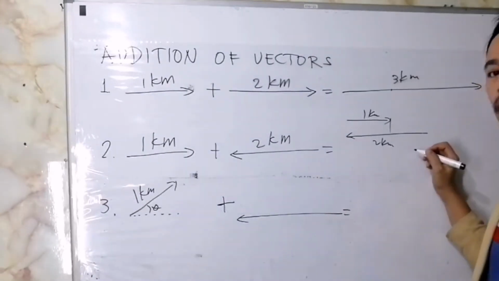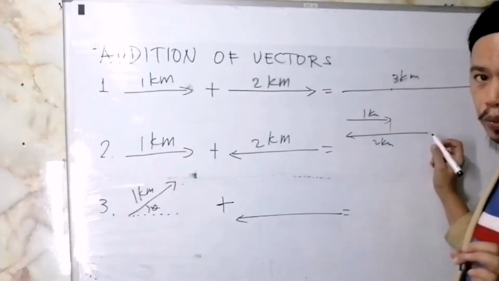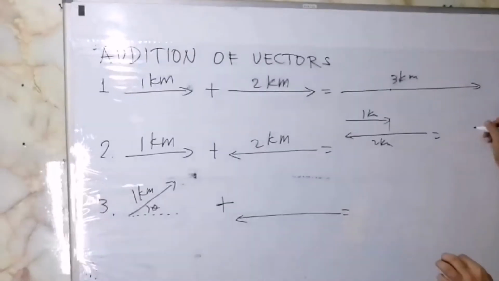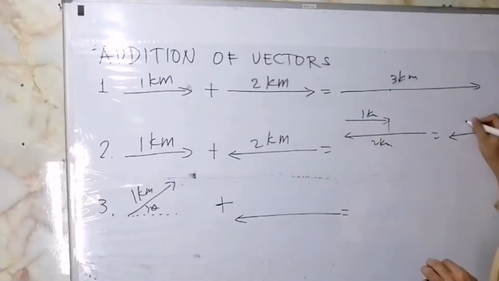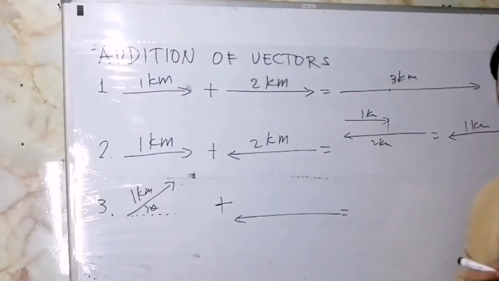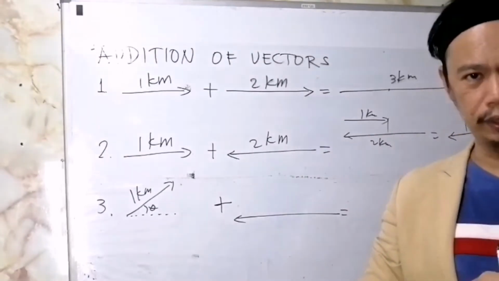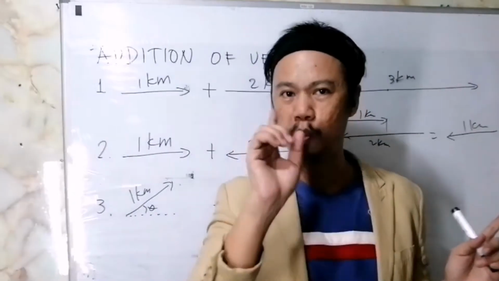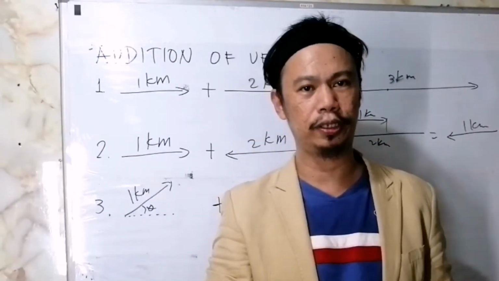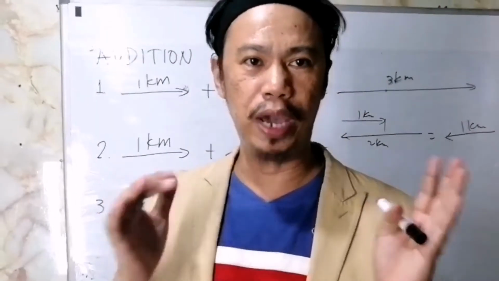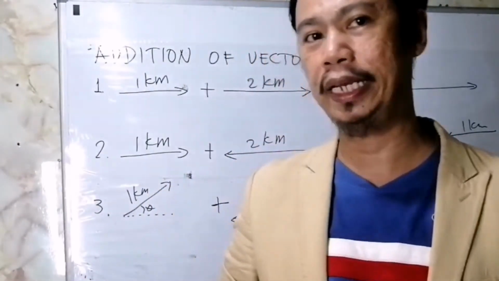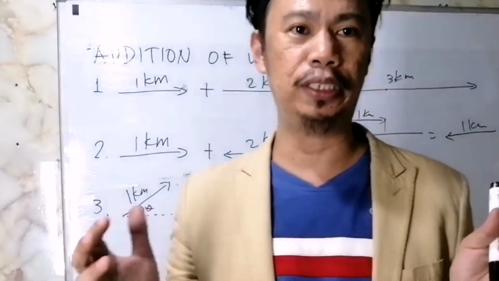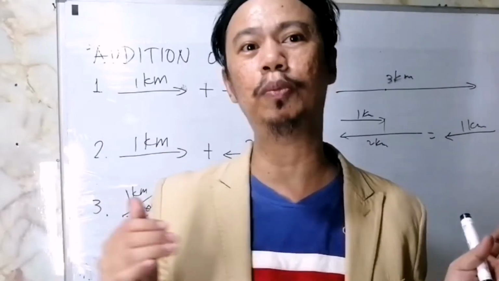So how many kilometers do we have? That is 1 kilometer west. So in that case, we have rule number 1 for adding vectors: the same direction, you simply add. Opposite direction, you subtract.